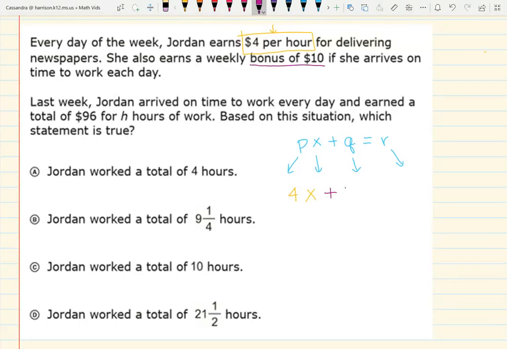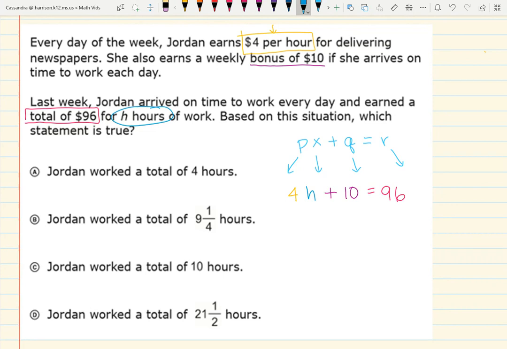So that's an extra $10 if she arrives on time to work each day. Well, last week, Jordan arrived on time to work every day, so she got her $10 bonus, and she earned a total, wow, they're really being helpful right now, total of $96 for H hours of work. And this is what I was talking about earlier, H hours. I'm going to replace X with H.